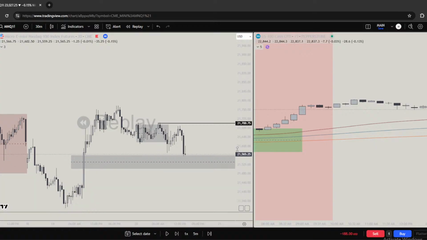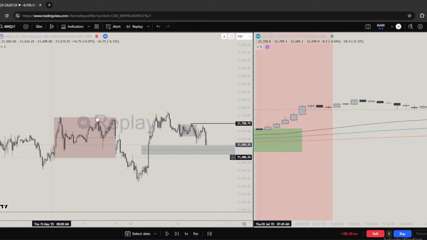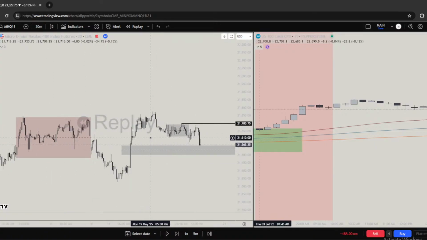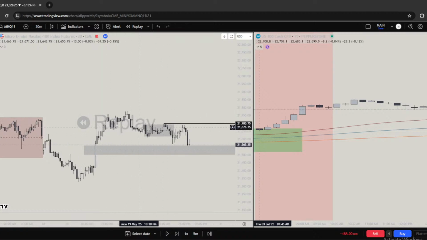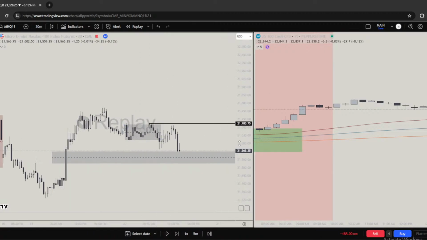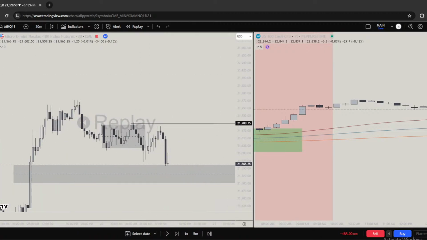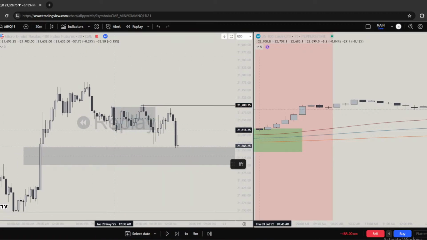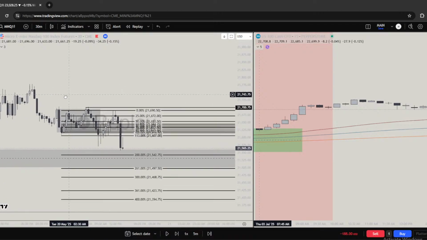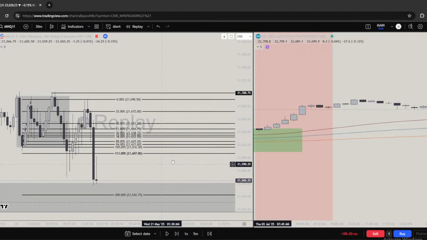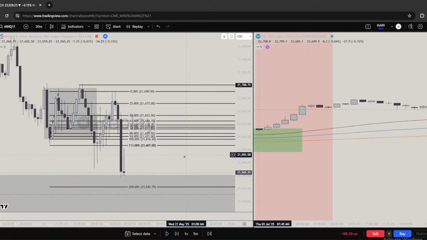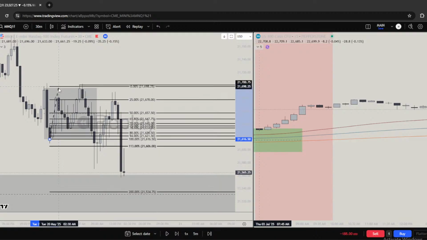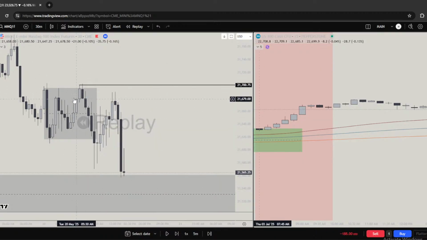Manipulation. Okay. Oh my goodness gracious, bro. It went right to where it's supposed to go. Price stopped right at that zero. Okay, price manipulated lower.